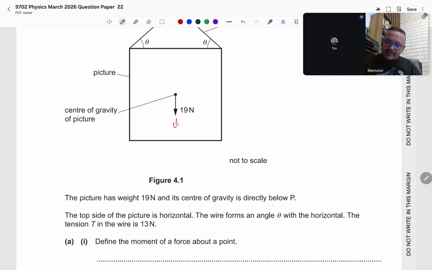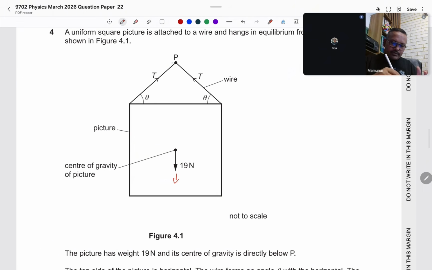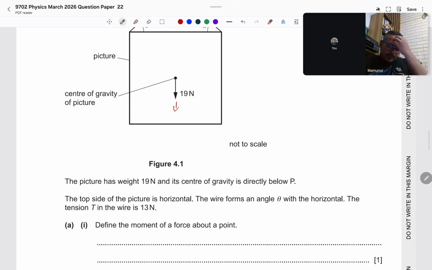Its center of gravity is directly below P. The top side of the picture is horizontal. The wire forms an angle theta with the horizontal. The tension T in the wire is 13 Newton.